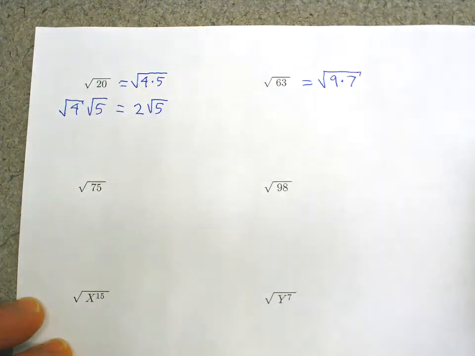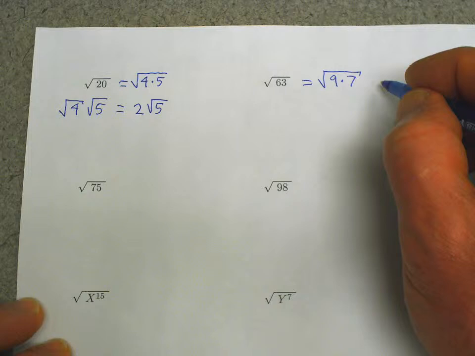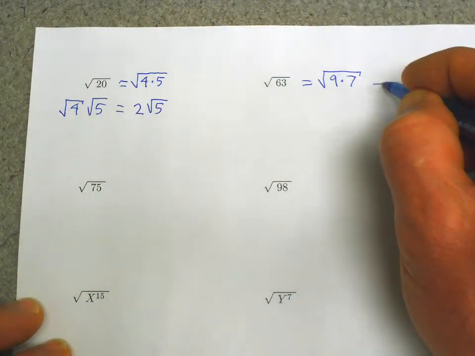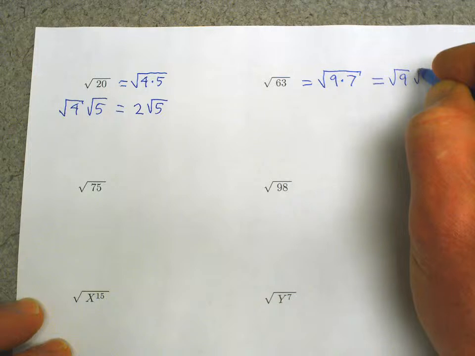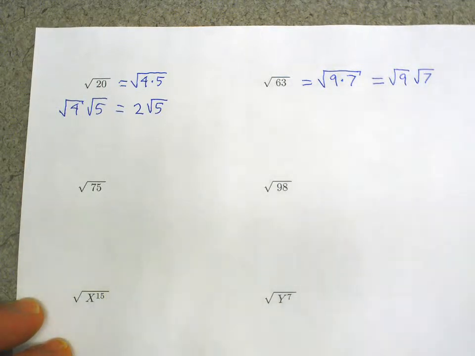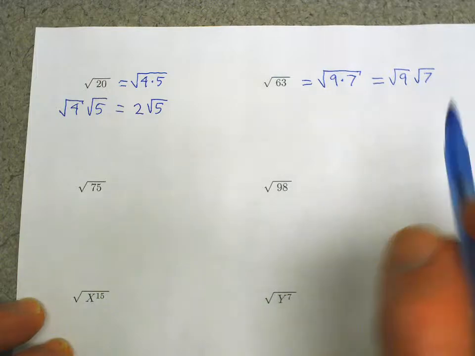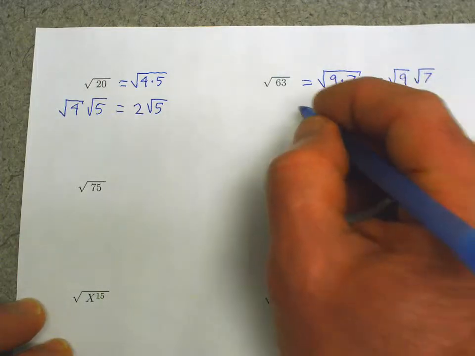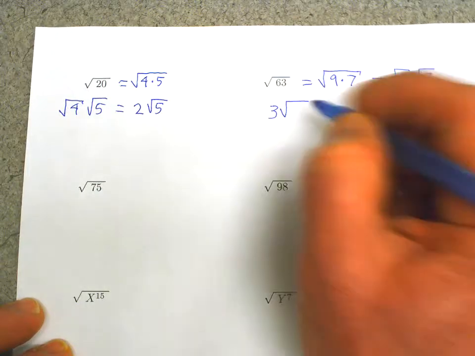And then apply the product property of square roots. The square root of 9 times 7 is the square root of 9 times the square root of 7. And then we simplify the square root of 9, which simplifies to 3. So the simplified result is 3 times the square root of 7.